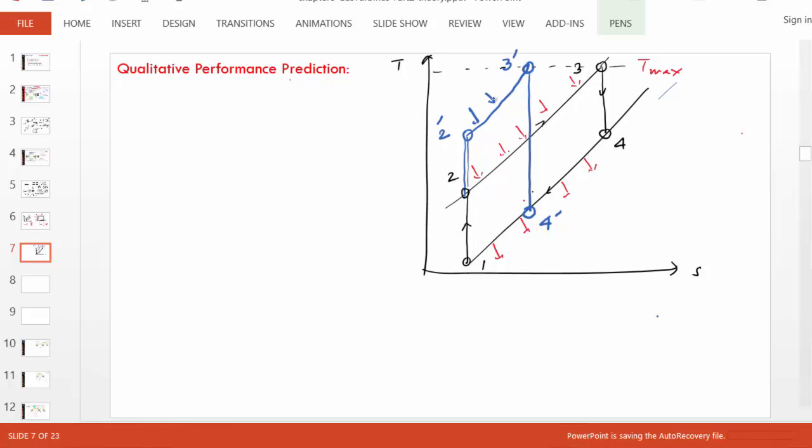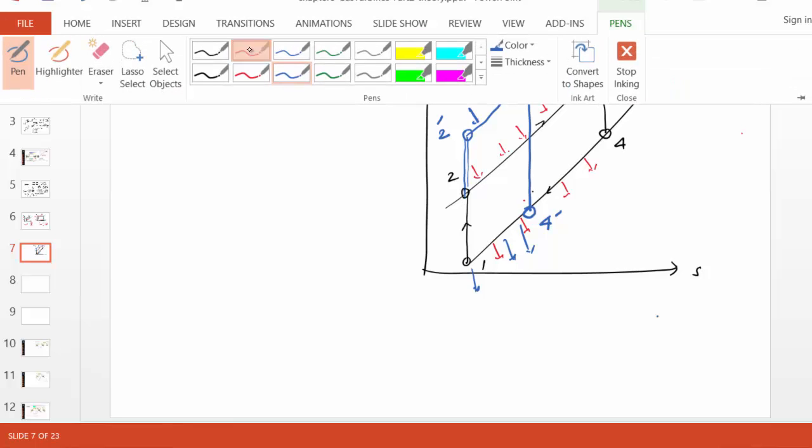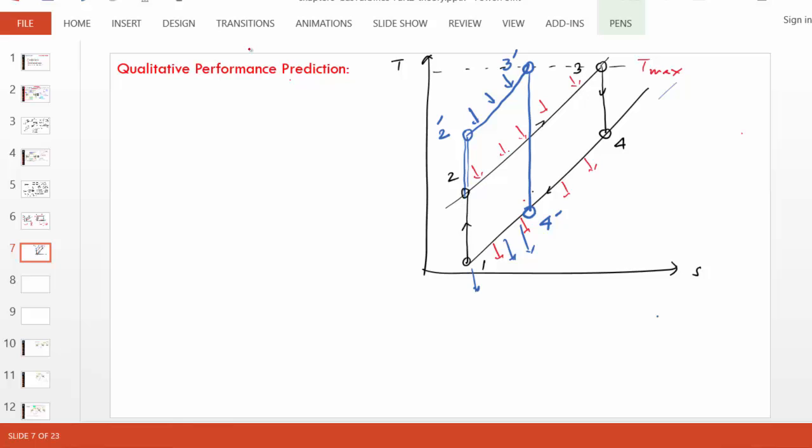Heat addition takes place here, and heat rejection takes place from 1 to 4 prime. So if we compare the two efficiencies, efficiency of the red cycle is 1 minus Tc bar over Th bar. So if we want to spot them here, Tc bar will be, let's say, somewhere here, and Th bar is somewhere there.